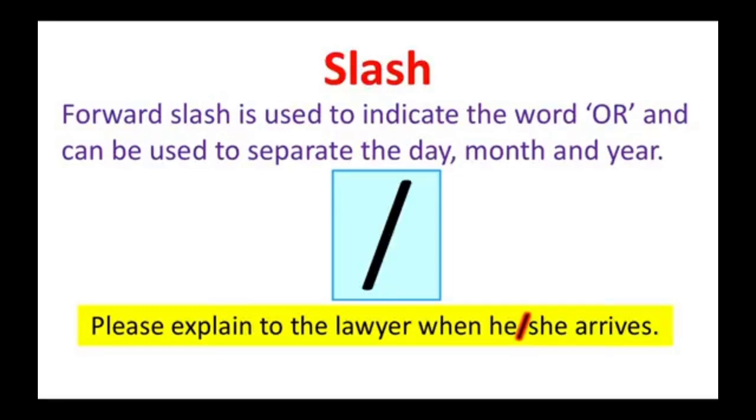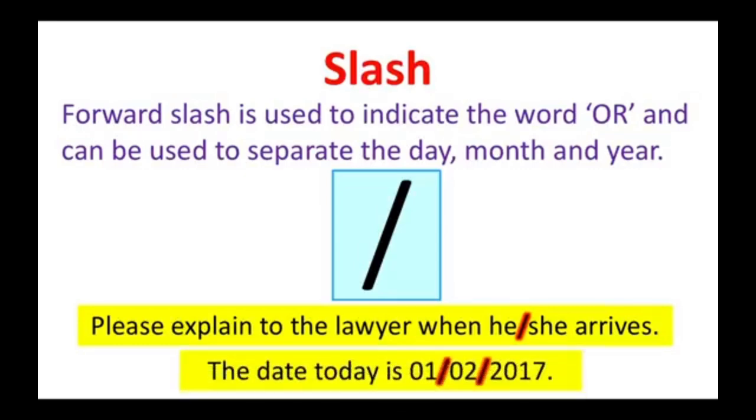So in this example, the forward slash is used to indicate the word or. The date today is the 1/2/2017. In this example, the forward slash is used to separate out the day, month, and year.